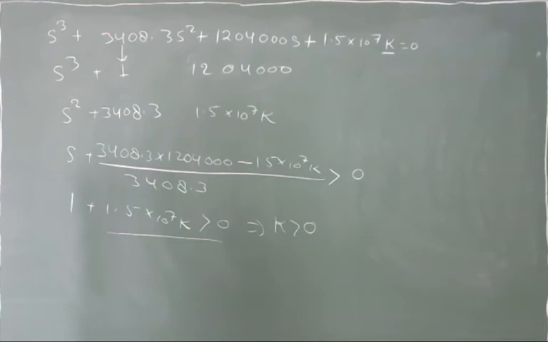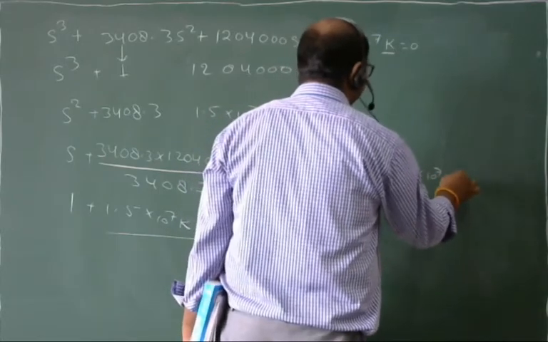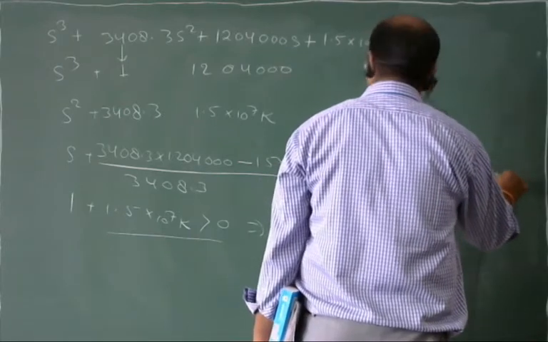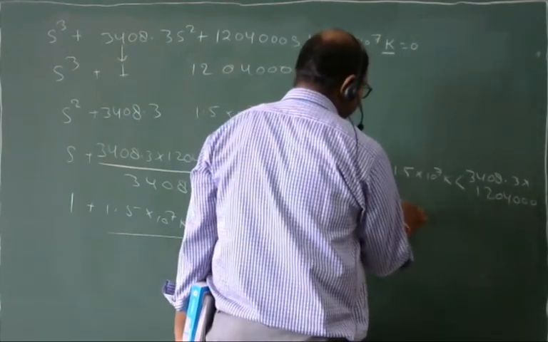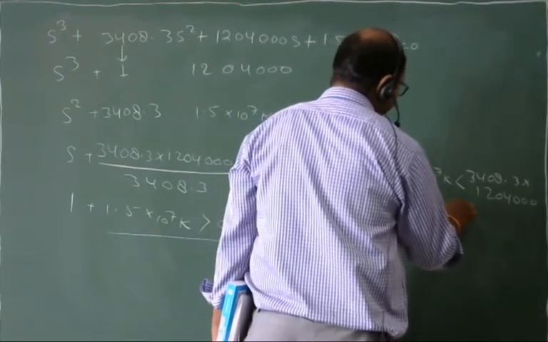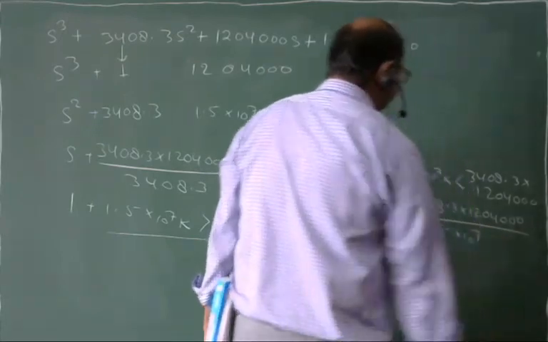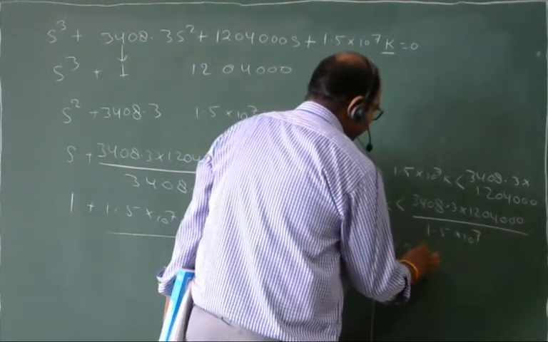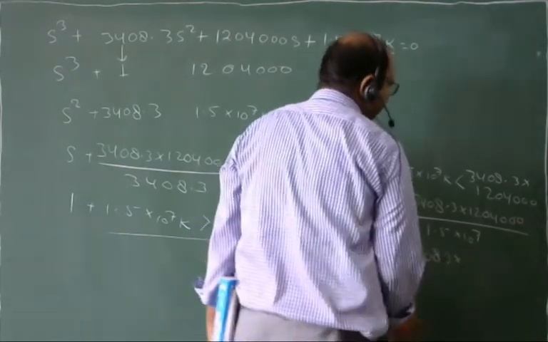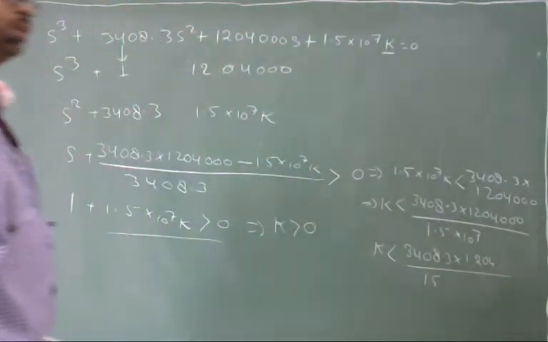And from here, I can say that 1.5 into 10 raised to 7 k should be less than 3408.3 multiplied by 1204000, or k should be less than 3408.3 into 1204000 divided by 1.5 into 10 raised to 7, or k should be less than 3408.3 into 1.204 divided by 15.